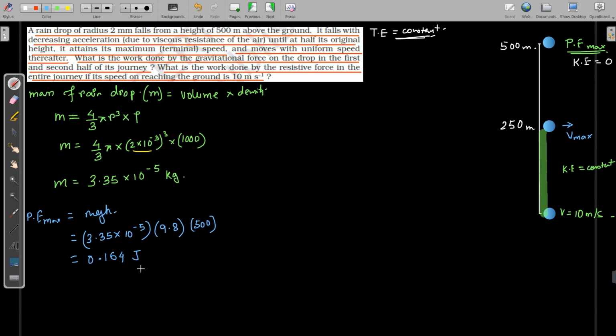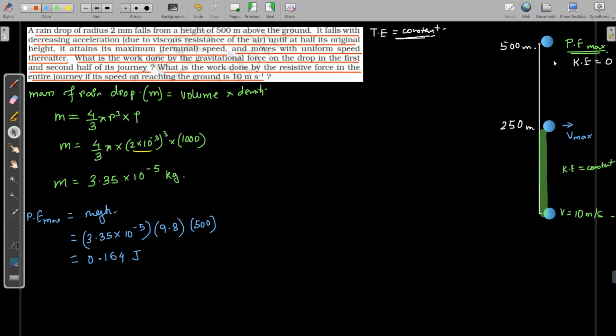Okay. Now, when gravity is pulling, how can we find out? See, this is the potential energy at this maximum height. So when it falls down from here, it is falling at this portion. Potential energy is reducing.